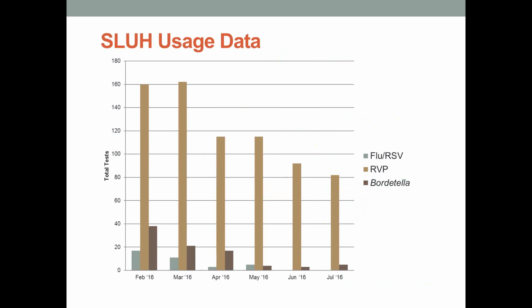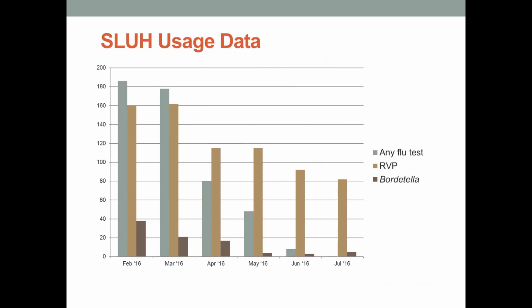We're hoping by next flu season that we're going to have replaced our rapid flu antigen with a better performing fast test. But what we realized once we factored in the fact that people were testing for flu in a couple of different ways was if we looked at any flu test, so that's rapid or the VERIGENE test, we saw that we performed more of those than we performed the respiratory viral panel alone.